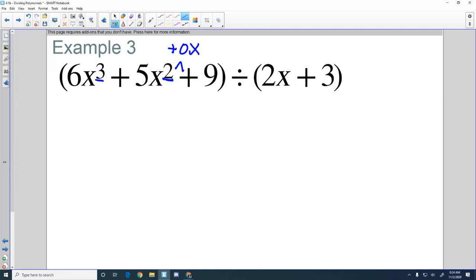So set up the division bar, but make sure underneath that division bracket, you've got 4 terms. Got to keep that 0 term in there.